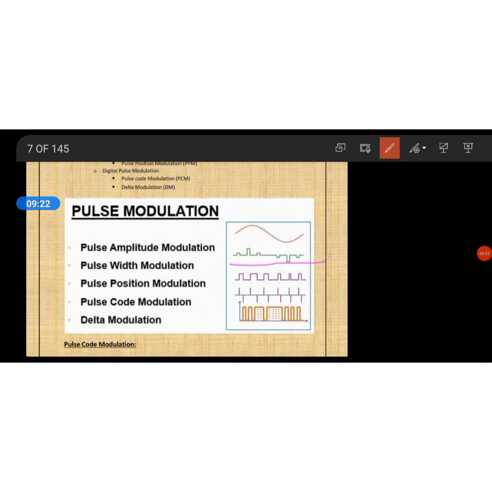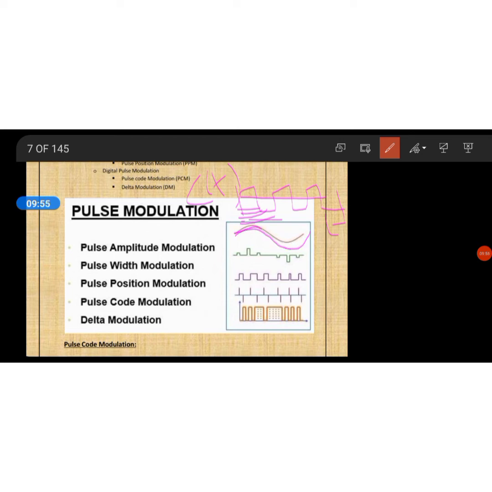In the same way, we categorize the width of the pulses varied with respect to the message signal. You consider here the carrier pulse is there. This is a constant carrier pulse. This is CFT, this is T. So the width of the carrier pulses is varied with respect to the message signal.